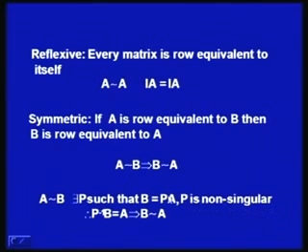So, since P is non-singular, P inverse B will be A. If you multiply by P inverse on both sides, then P inverse B is P inverse P multiplied by A, which is nothing but A. And if P inverse B is equal to A, that simply means that B is equivalent to A. We started with A equivalent to B, and what we have is B equivalent to A, and that proves the symmetric property.